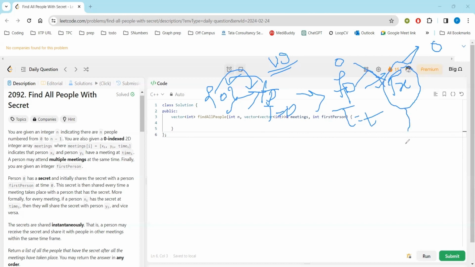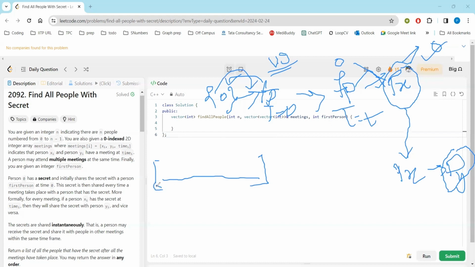Now if again in future time frame Px passes any message to person Py, so the ultimate source of secret for Py will also be 0. So can we say at the end, if there is a list of persons who know the secret, then the source of the secret for all these persons was person zero?